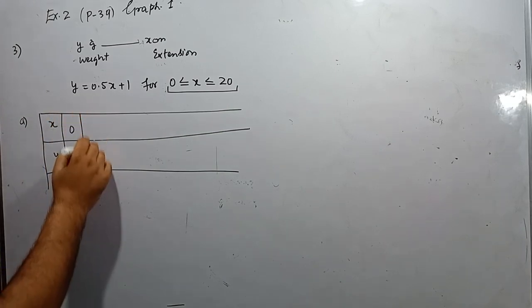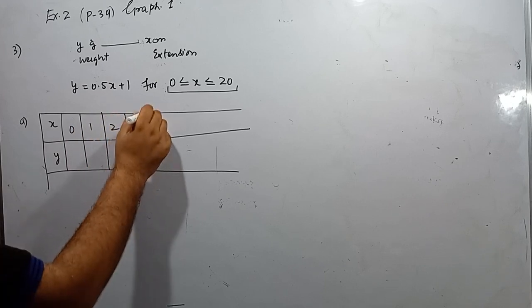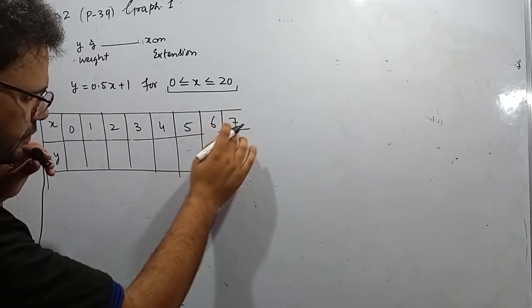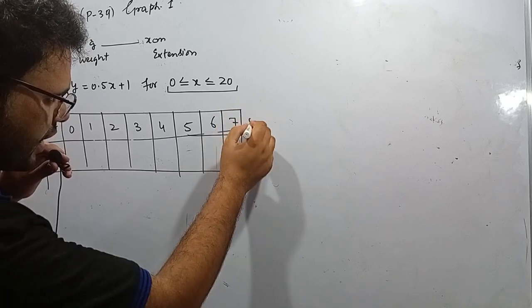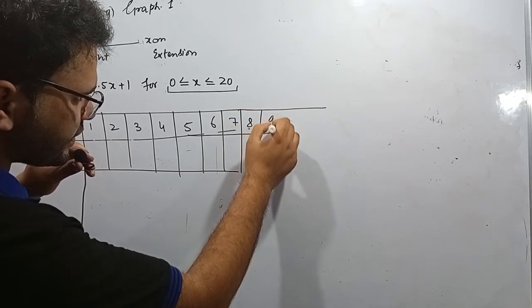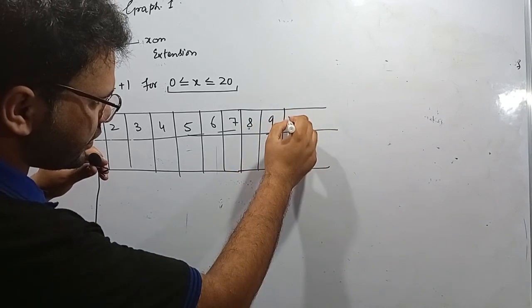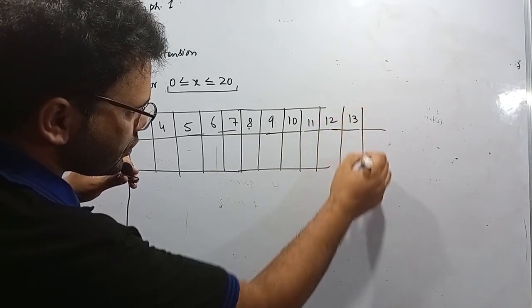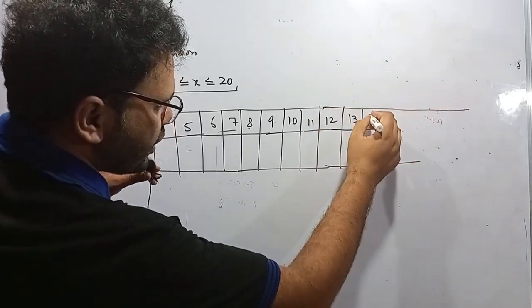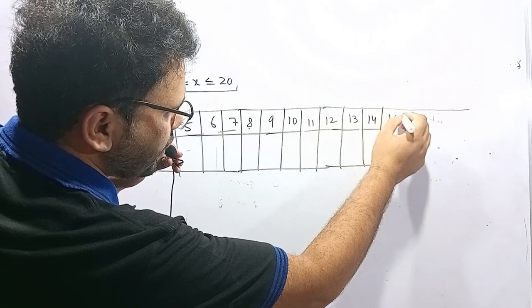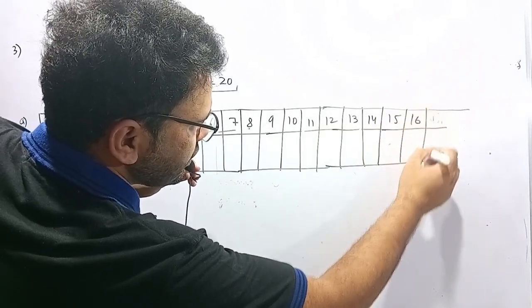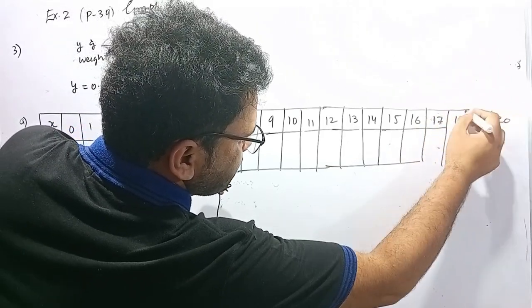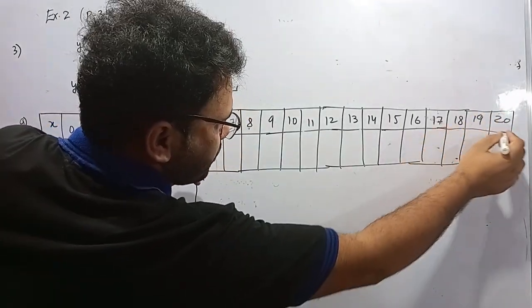So I will write here 0, then 1, 2, 3, 4, 5, 6, 7, 8, 9, 10, 11, 12, 13, 14, 15, 16, 17, 18, 19, then 20. So this much long table will be this.